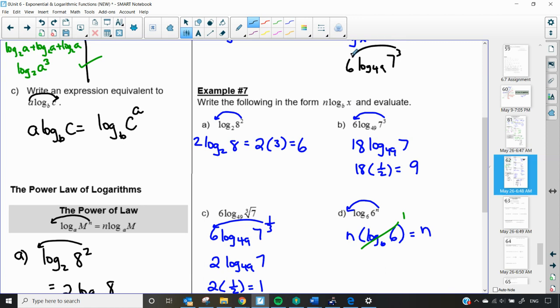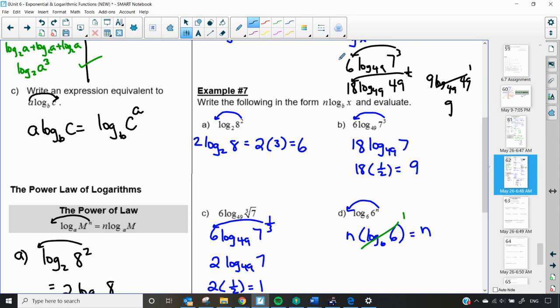The cubed is still going to come forward, and so we're going to have 18 times log base 49 of 7, and then we have to rewrite this as base 49. So 49 to the 1/2, in other words, the square root of 49 is 7. That half comes forward, and half times 18 is 9. So 9 log base 49 of 49, that becomes 1, and we're left with 9.